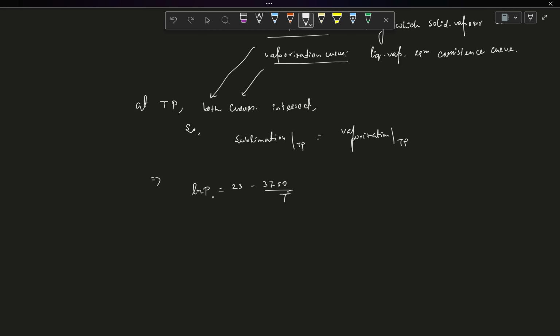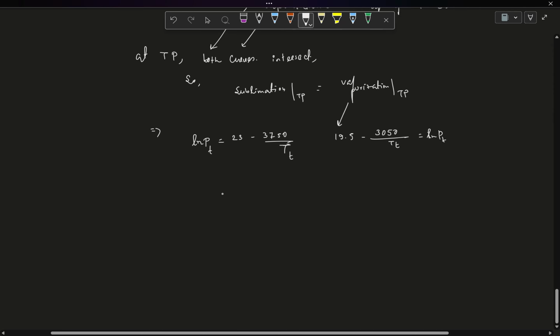But at the triple point you replace p by Pt and T by Tt, because those are the values specifically for the triple point. And for vaporization, the equation is 19.5 - 3050/Tt = ln Pt.